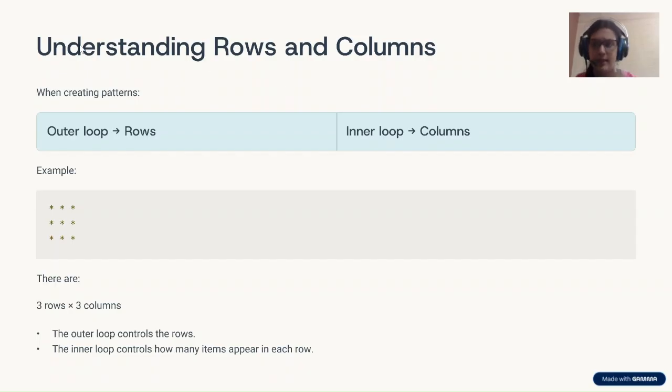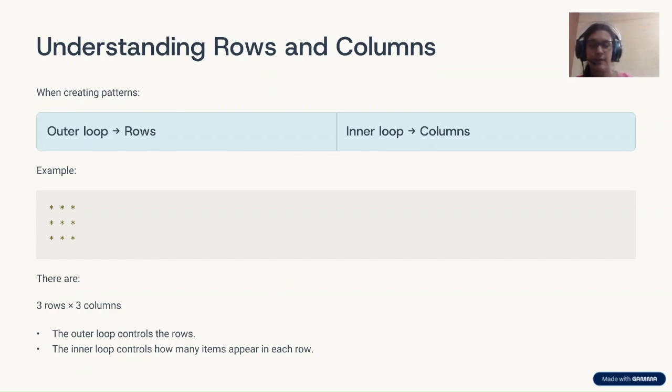For example, here we have 3 rows. Each row contains 3 stars. So we can think of it as 3 rows into 3 columns, right? This way of thinking is extremely useful for pattern questions.